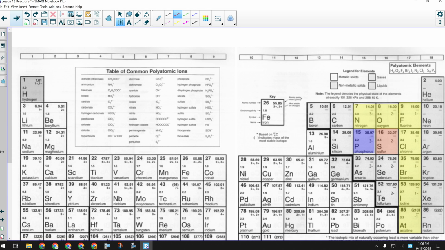So remember the 7, all these yellow ones here. If you don't have these on your periodic table, these are the ones that come as a 2. Phosphorus is a 4, sulfur's an 8, hydrogen's a 2. Just in case you don't have those identified on your periodic table, those are our molecular elements, or our special elements.